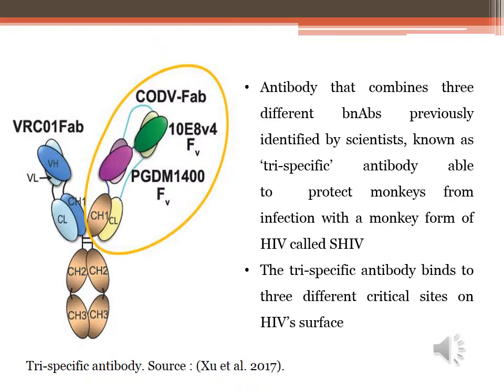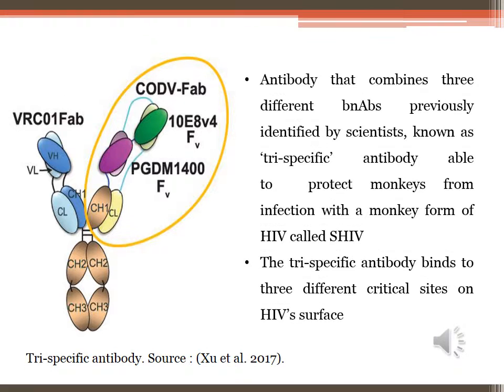This antibody is able to protect monkeys from SHIV, which is a type of HIV in monkeys. The tri-specific antibody binds to three different critical sites on the HIV surface. A safety trial is expected to begin in healthy people in late 2018, and a separate study in people living with HIV is still under consideration.